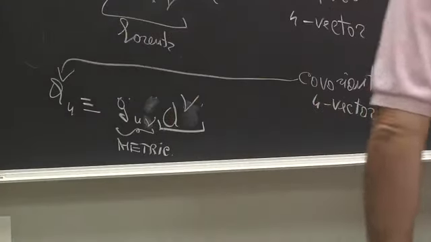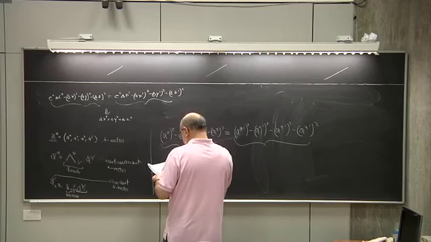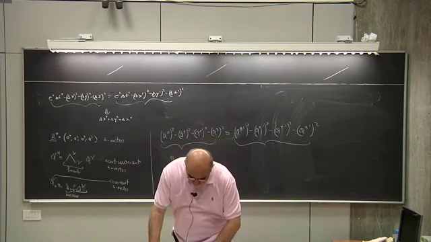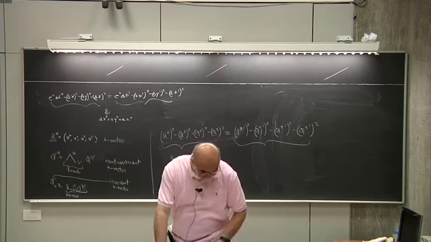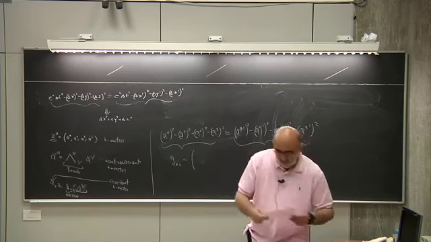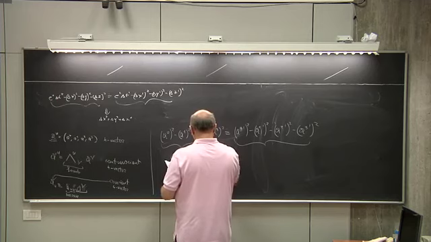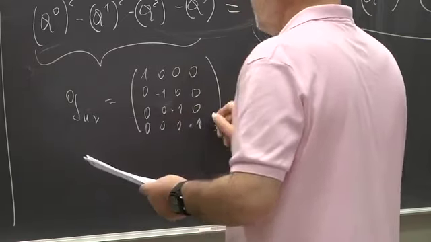We have already talked about it. This metric g_{μν} has the following form. Let me use the notation of the book so that I don't make mistakes. It is 1, 0, 0, 0; 0, -1, 0, 0; 0, 0, -1, 0; 0, 0, 0, -1.